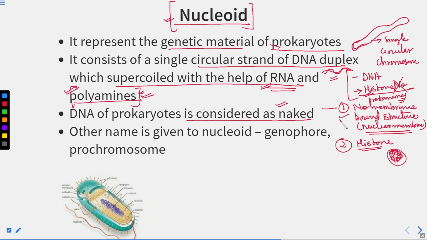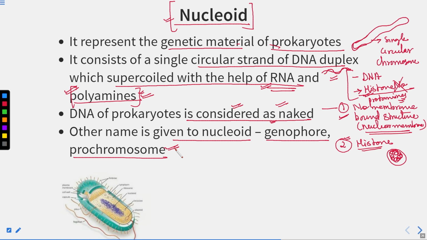So due to the absence of the nuclear membrane and histone, this DNA of the prokaryote is considered naked. Other names given to the nucleoid are genophore and prochromosome. Do not get confused with that. They mean the same thing as nucleoid, right? So genophore, prochromosome, nucleoid, all give the same meaning.